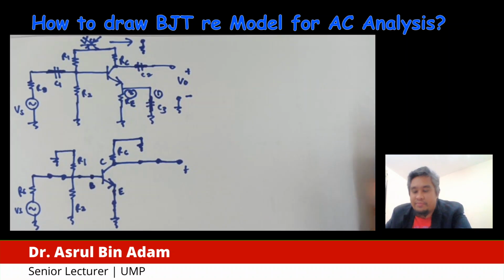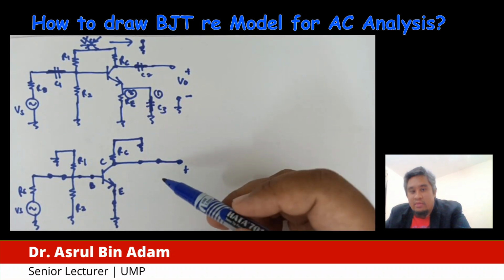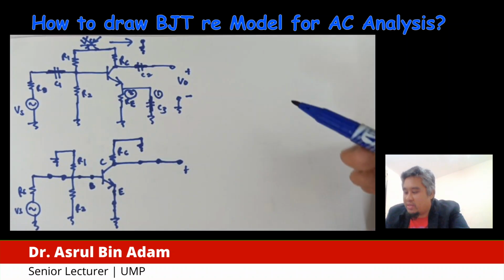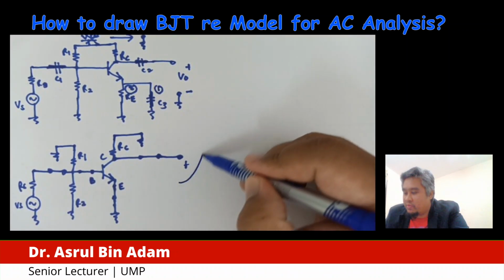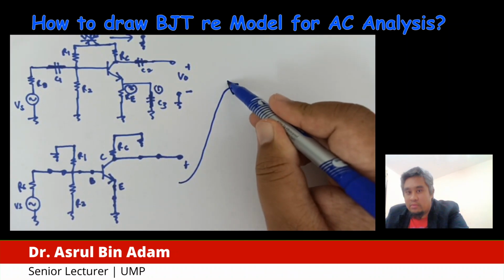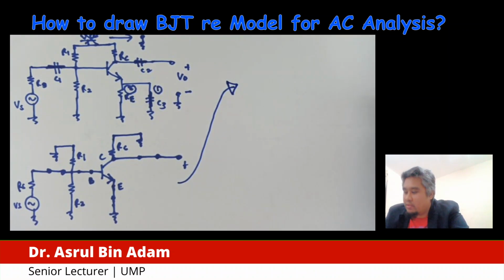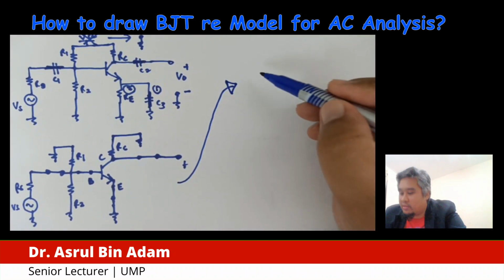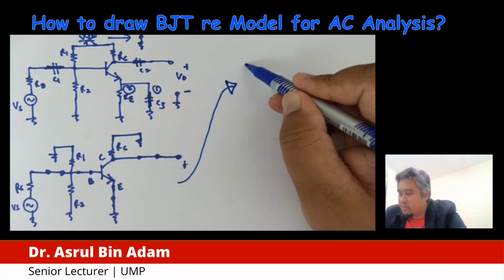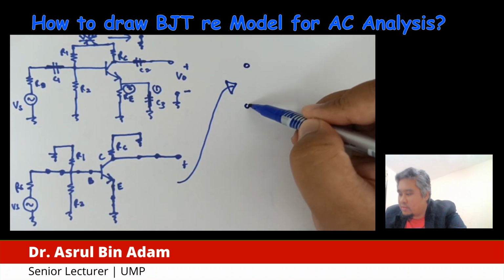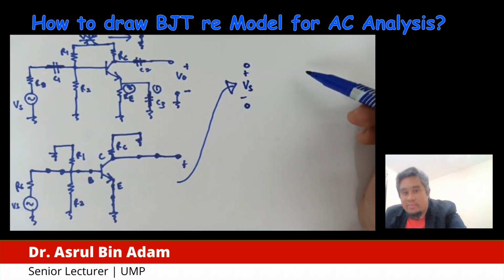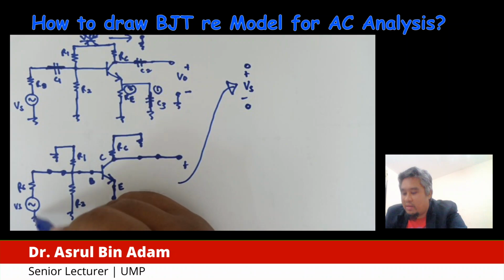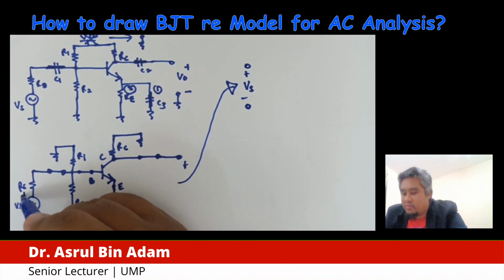Next, we are going to simplify the circuit to make it clearer. So I move to here. Now what we have: this is the input terminal, positive, negative. I follow this one: VS, positive, negative, and then connect to the RS.